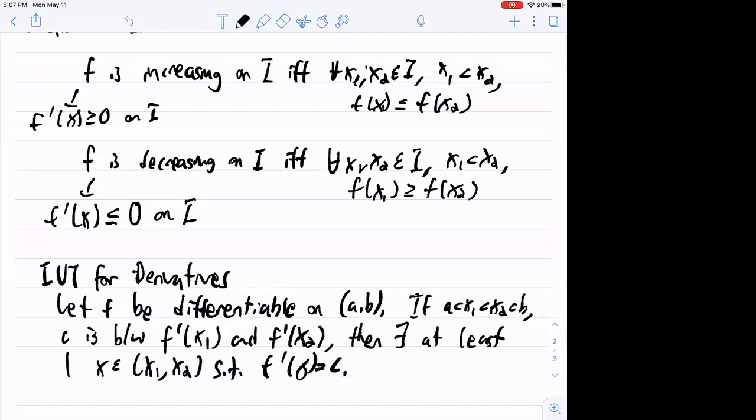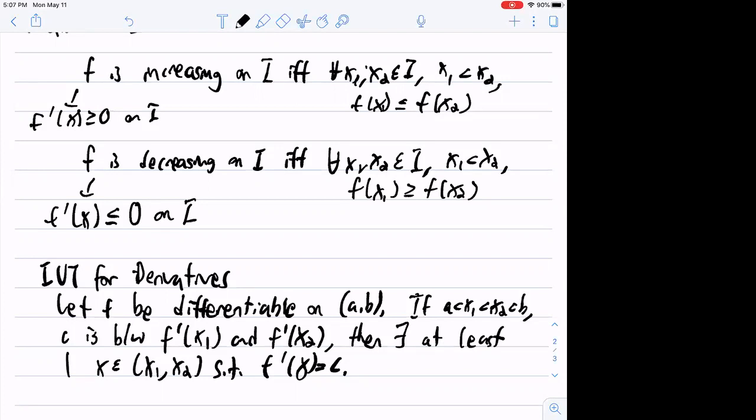Quick question here. Why did I have to write out this whole IVT property? Would it be wrong to just say, let f be differentiable on (a,b), then f prime satisfies IVT? Because the second sentence here is just the result of IVT, right?